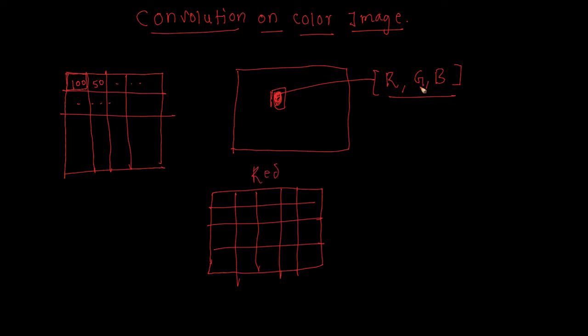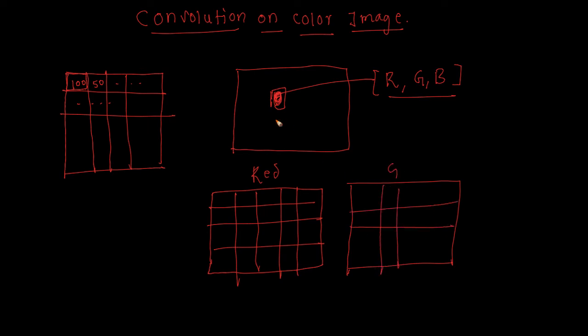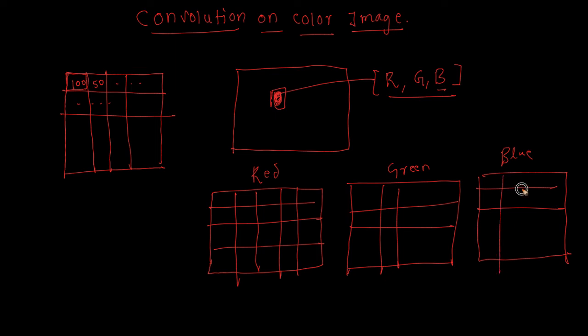For storing green component of all the pixels in this image, I'll need one more matrix, right? Green, right? So this will store only green values of all the pixels in this image. And for storing blue component, I'll need one more matrix like this. Right? So this will store only blue component of all the pixels in this image.